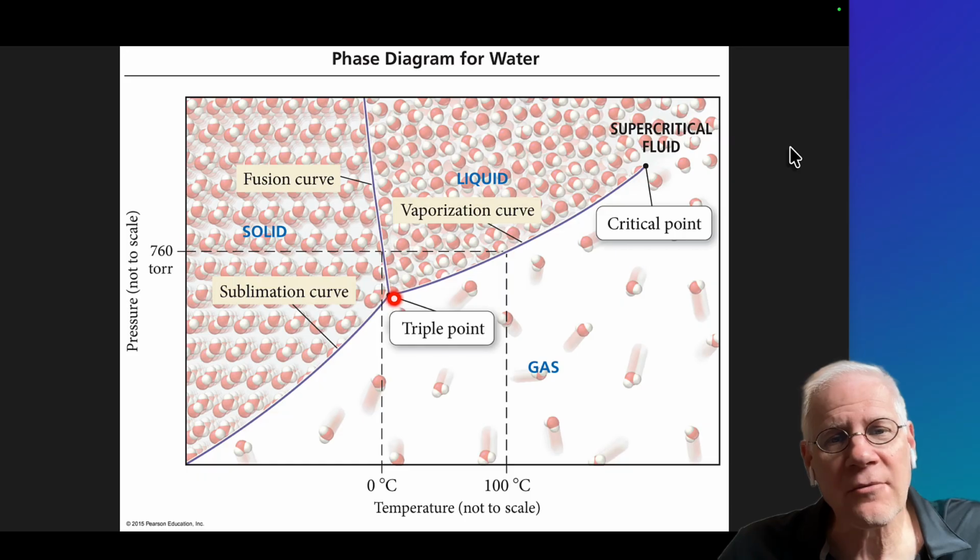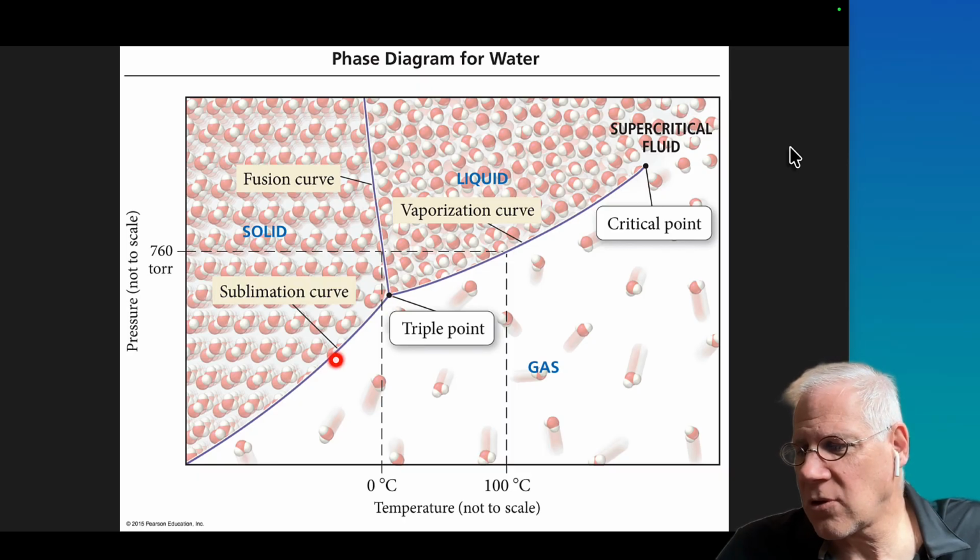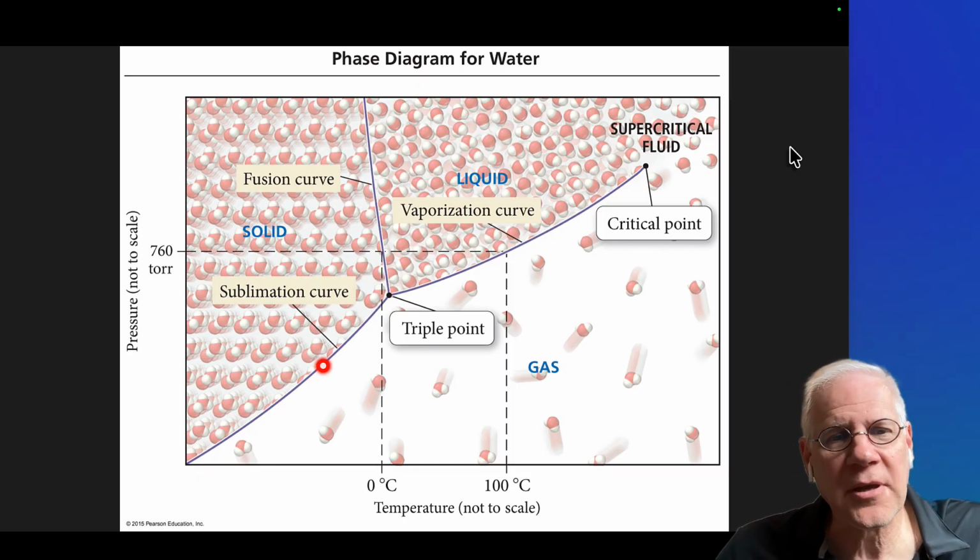We do here have a triple point that we talked about, where you have your fusion curve, where you have solid and liquid in equilibrium with each other. You have the sublimation curve here, where solid and gas are in equilibrium with each other, and notice that the pressures are fairly low for that to exist. And then here you have your liquid-gas curve, your vaporization curve, where the liquid and gas are in equilibrium with each other.